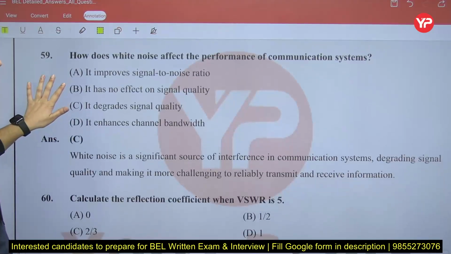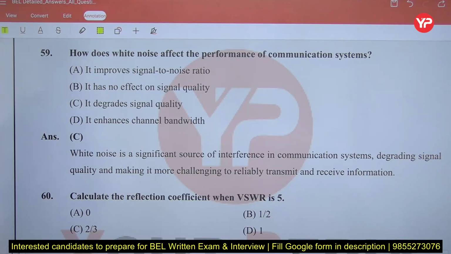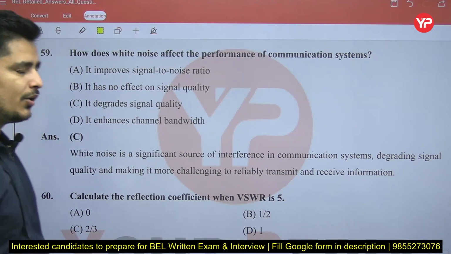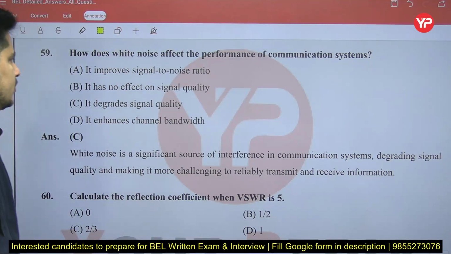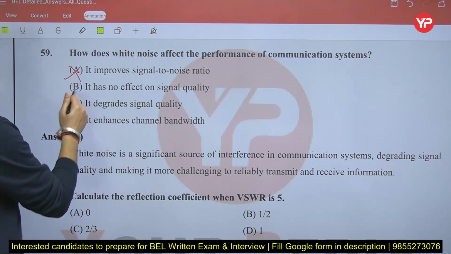How does white noise affect the performance of a communication system? See, it improves the signal to noise ratio because it is a noise. Noise never improves the signal to noise ratio, it will degrade the signal to noise ratio, so that will not be the answer. It has no effect on signal quality, that is not the answer.